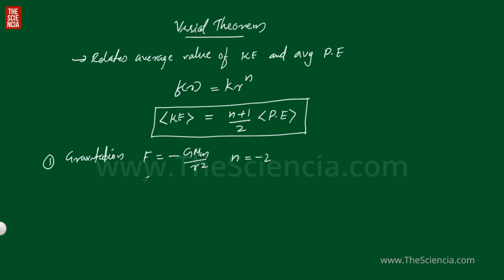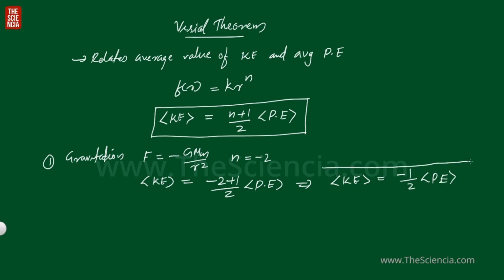So by using this equation, the average value of kinetic energy equals n, that is minus 2 plus 1 by 2, into the average value of potential energy. So we get kinetic energy is equal to minus 1 by 2 average value of potential energy. So for the gravitational force, this is the relation between kinetic energy and the potential energy.